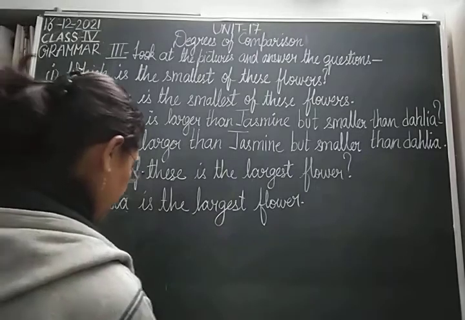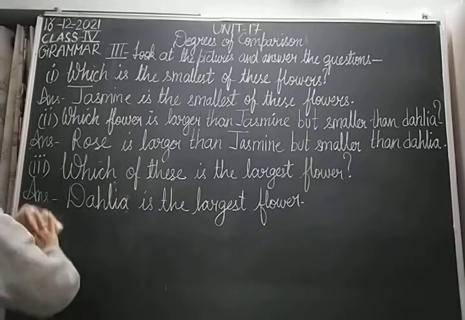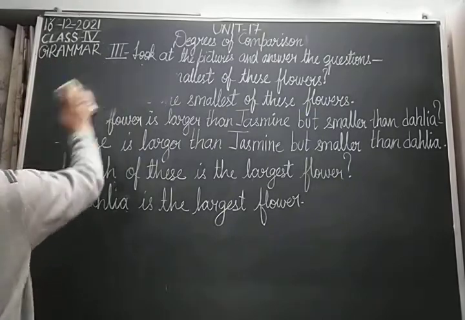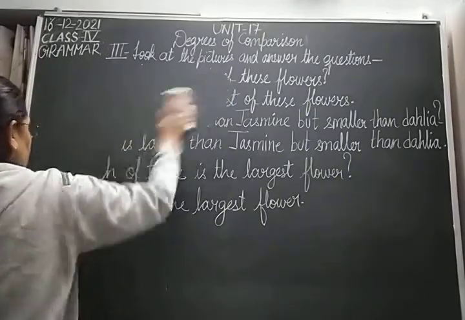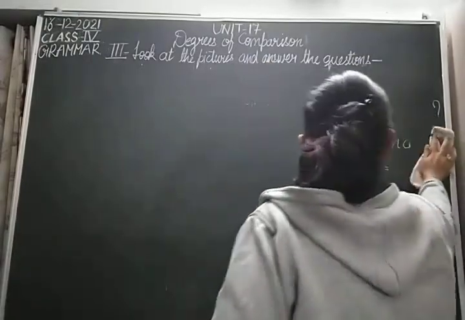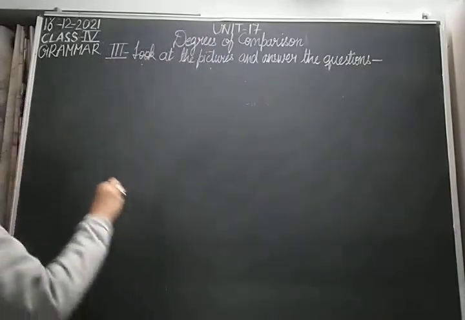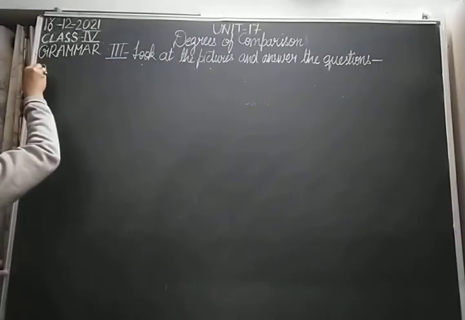Now I'm going to erase because now we are going to see the next picture. Picture number 2. Now what can you see in picture number 2, children? Can you see 3 different color coats?